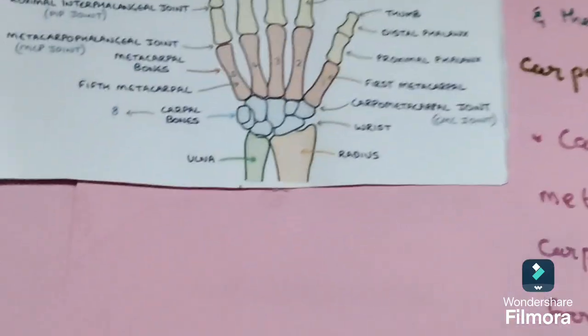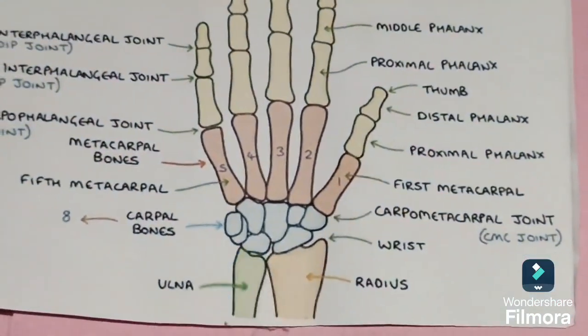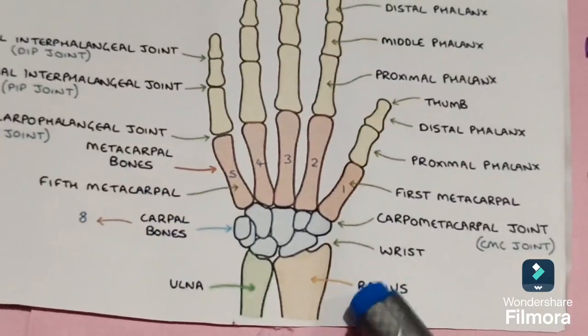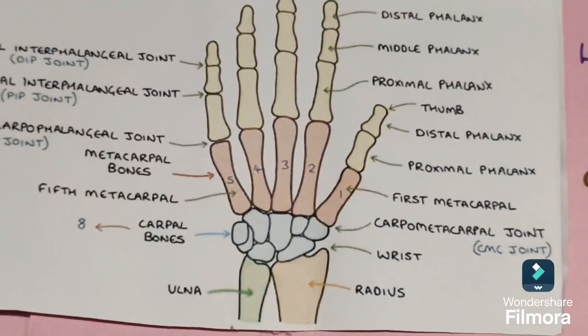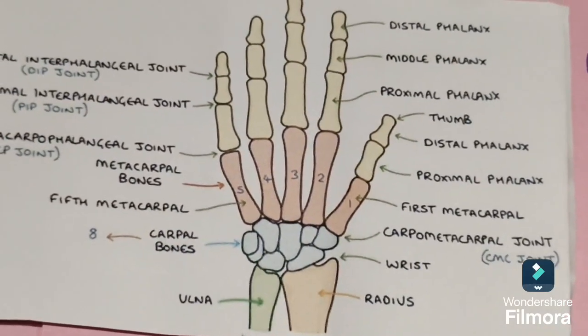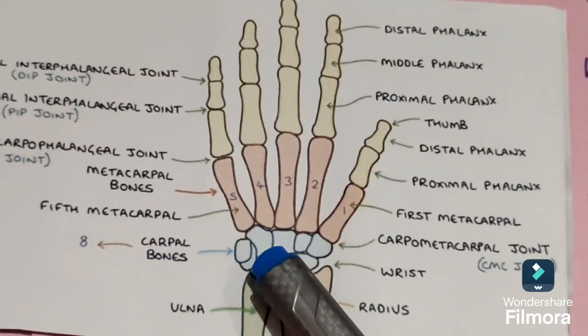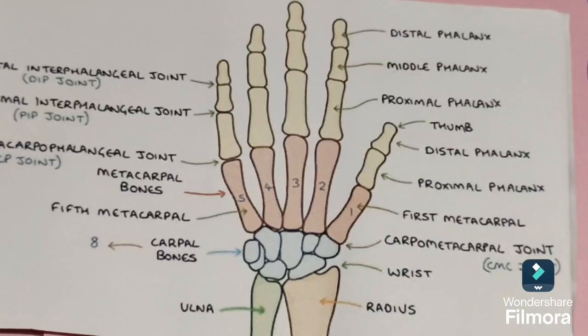Looking a bit closer at the wrist, the radius and ulna connect to the carpal bones.